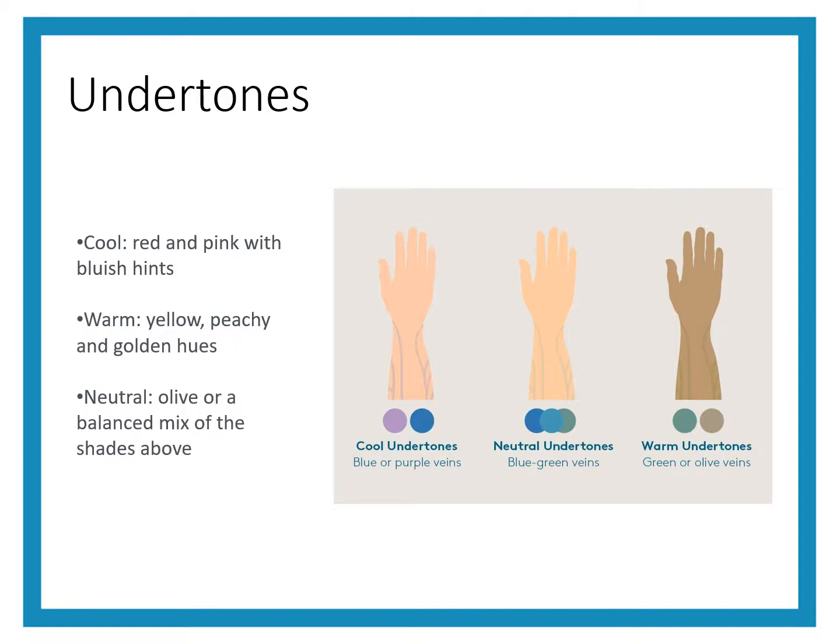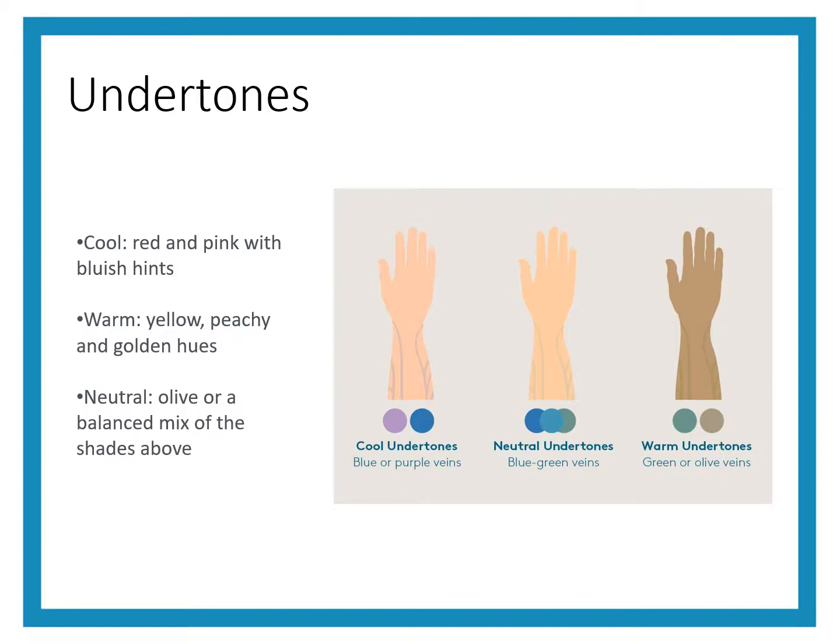Another thing to talk about when we're talking about skin tone and complexion are undertones. We say that there are usually three different types of undertones: cool undertones, warm undertones, or neutral undertones. You can determine what your undertones are by looking at the veins on the inside of your wrist.